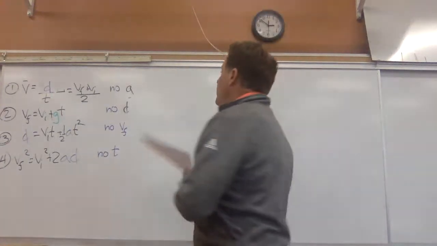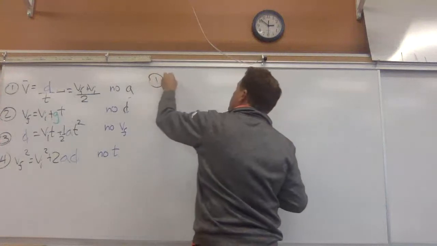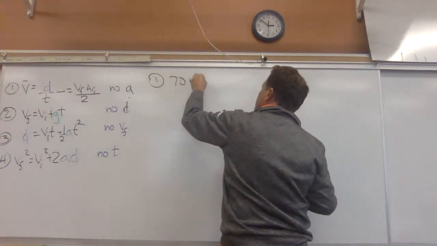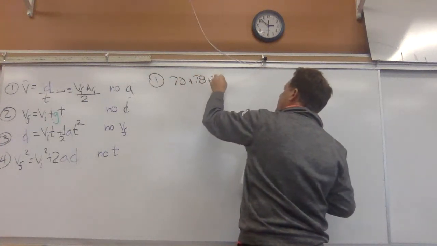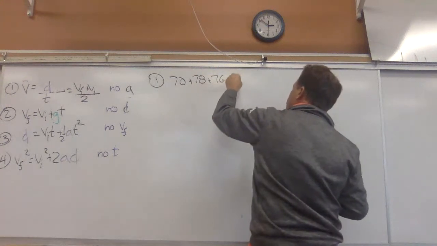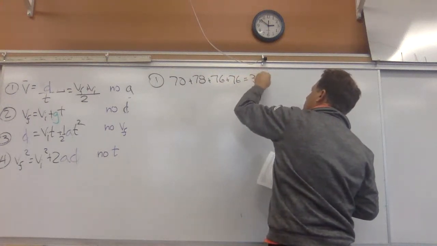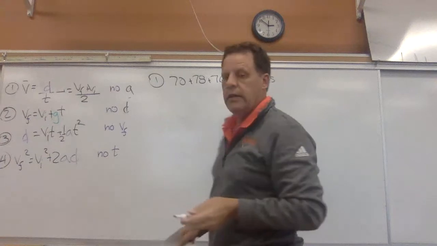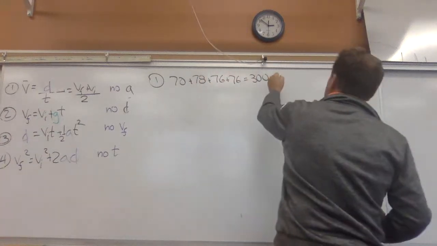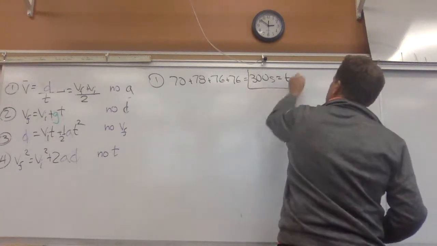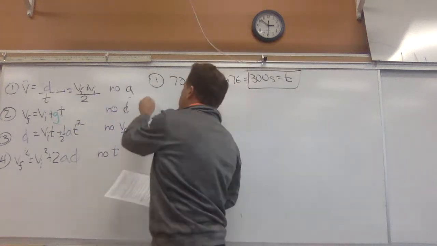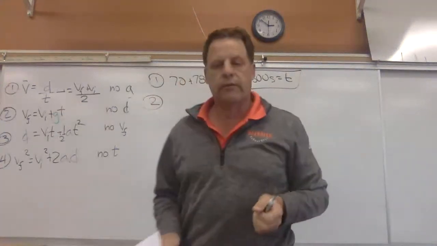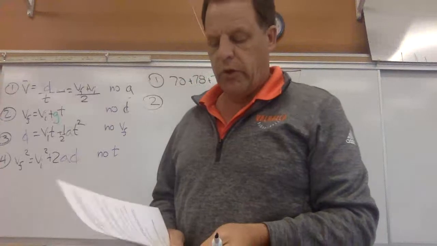So for number 1, 70 plus 78 plus 76 plus 76 gives us 300 seconds, which is equal to the time. This is going to help us out for some of the other questions.